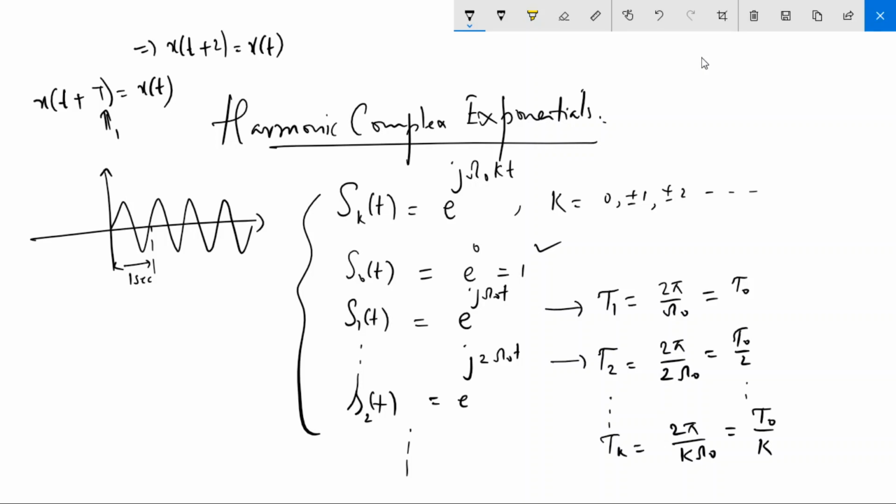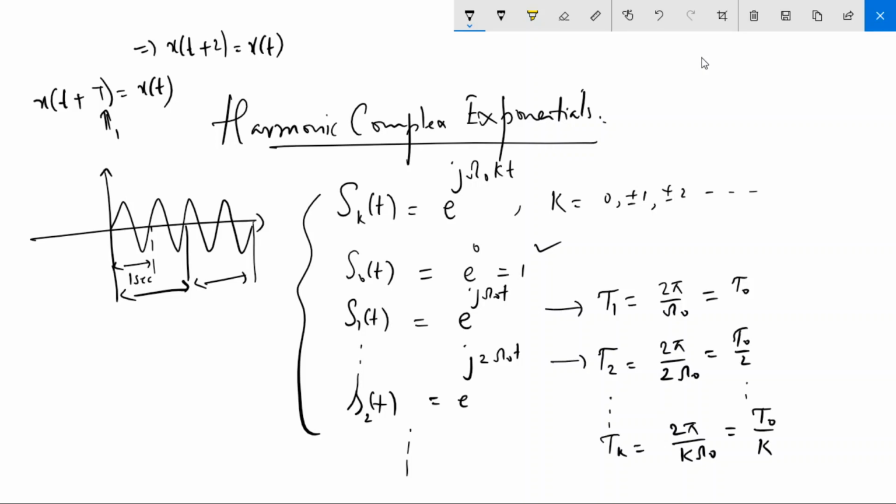If T is the time period, 2T is also the time period. If this signal repeats, in place of taking this as 1 cycle, if I take 2 cycles, it will also repeat after 2 cycles. It means whatever the signal value is in the first 2 cycles, the same will be in the next 2 cycles. So if T is the time period, 2T is also the time period. If T naught by 2 is the time period of this signal, it will also repeat after T naught, because multiplied with 2.